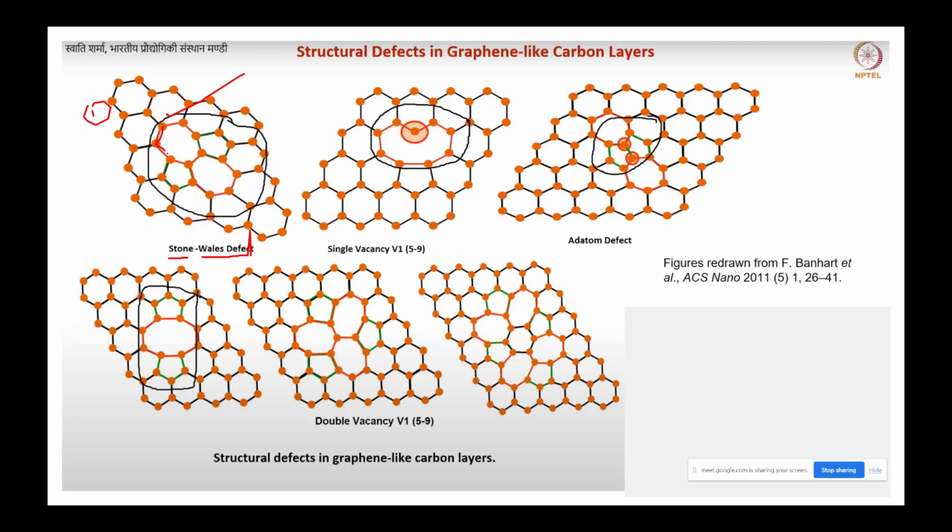It is mainly like 1, 2, 3, 4, 5, 6, 7, and here it becomes reduced: 1, 2, 3, 4, 5. That is why it is affecting the nearby packing also. So it is not a completely hexagonal shape. Some rings have more than 6 atoms, and some are packed with fewer than 6 atoms.